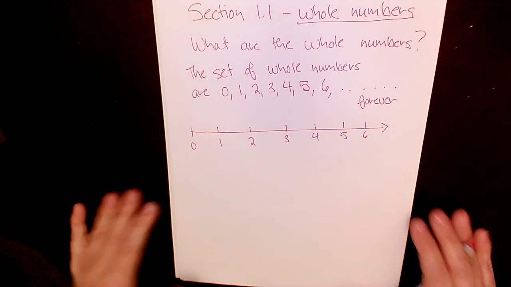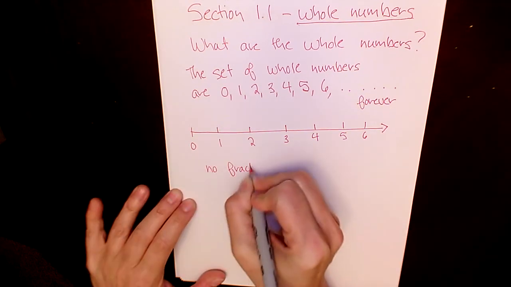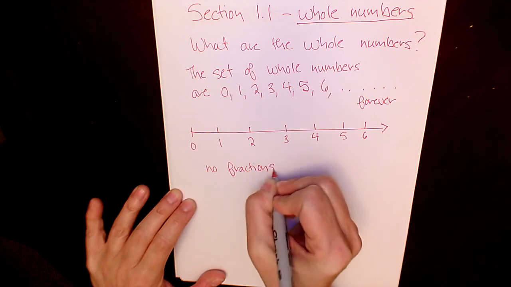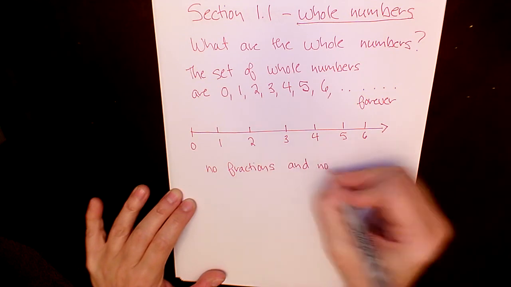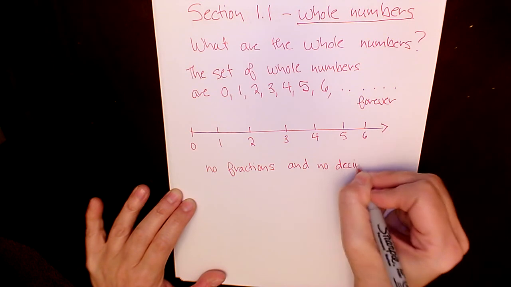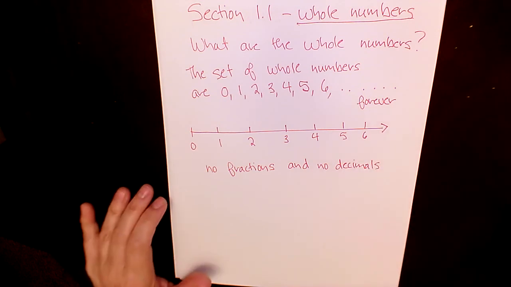So those are the whole numbers. Remember, no fractions, no decimals. Just 0, 1, 2, 3, and on forever.